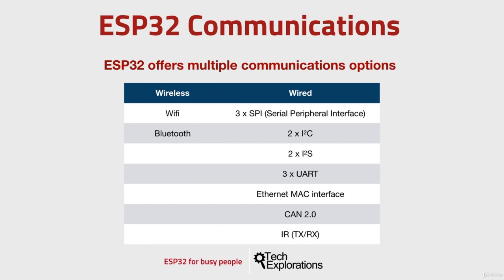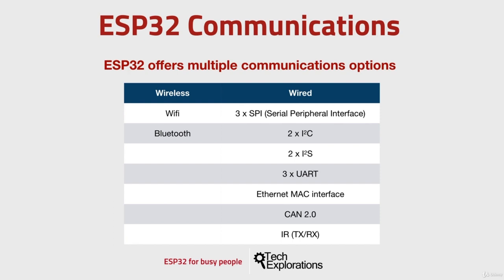We've got 3 SPI channels, 2 I2C channels, integrated circuit, and 2 I2S, which is a lesser known communications technology. I2S stands for inter-IC for sound, and it's an electrical serial bus just like the I2C, but typically used for connecting digital audio devices together.